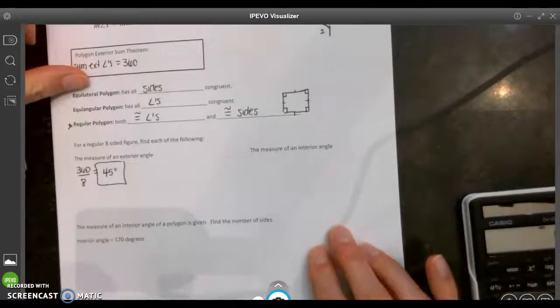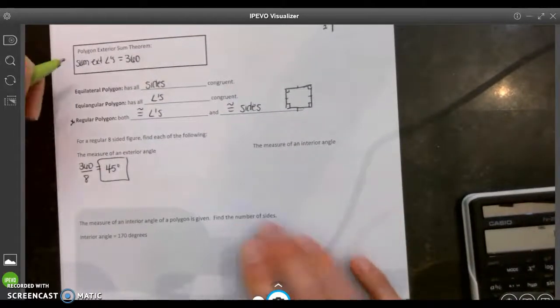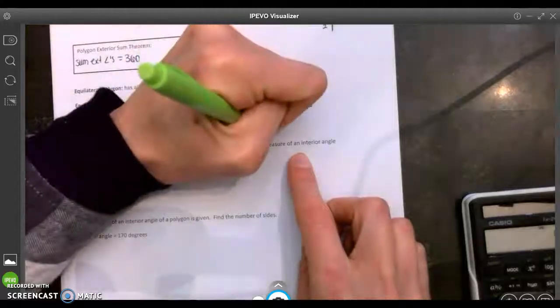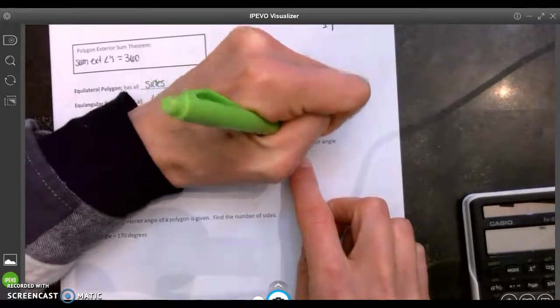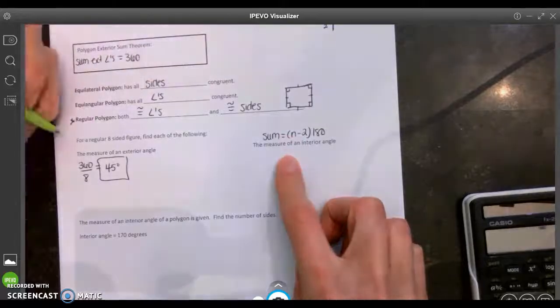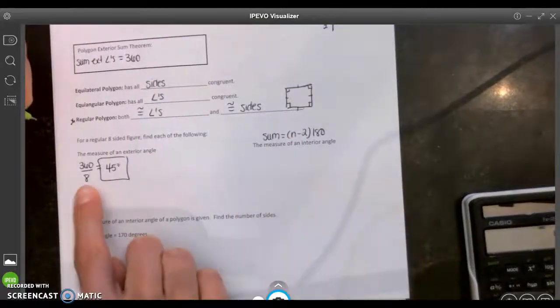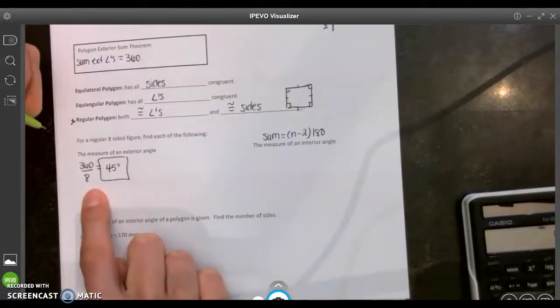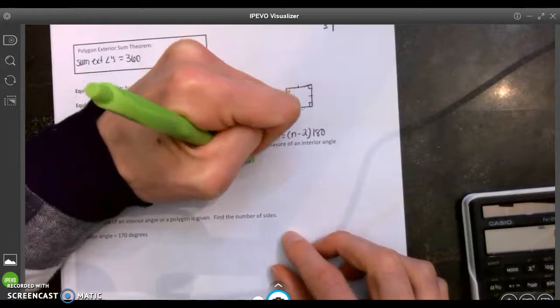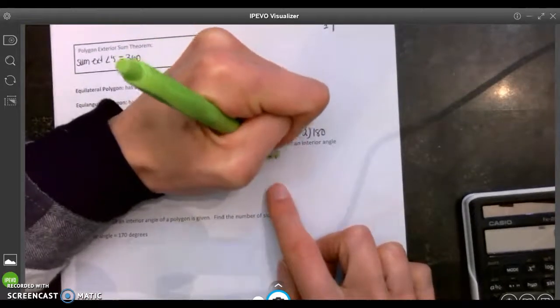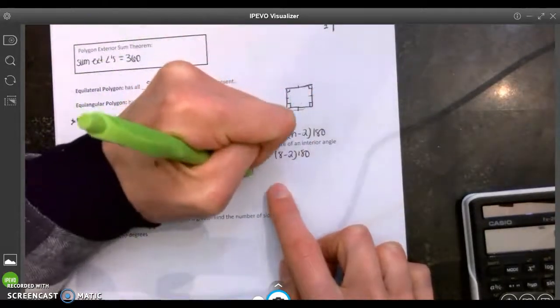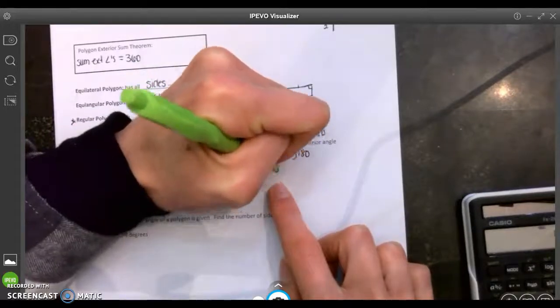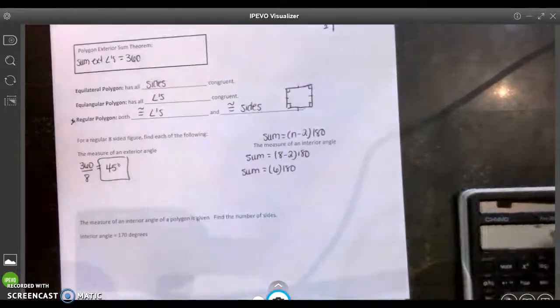The measure of one interior angle. Because it's interior, I have to use sum equals n minus 2 times 180. Because this is interior, this is exterior. So sum equals, I know I have 8 sides, so 8 minus 2 times 180. So sum equals 6 times 180.